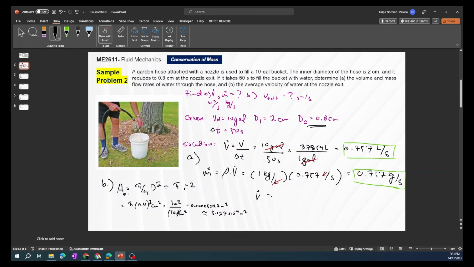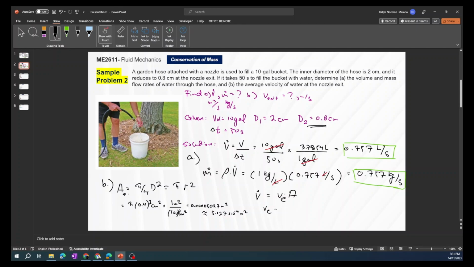And then we're just going to find now the velocity at the exit, since recall that volume flow rate is also equal to velocity times area, fluid velocity and area. So we could isolate this, and since volume flow rate is going to be equal all throughout, only with different area and velocity, all we have to do is just isolate our velocity exit.